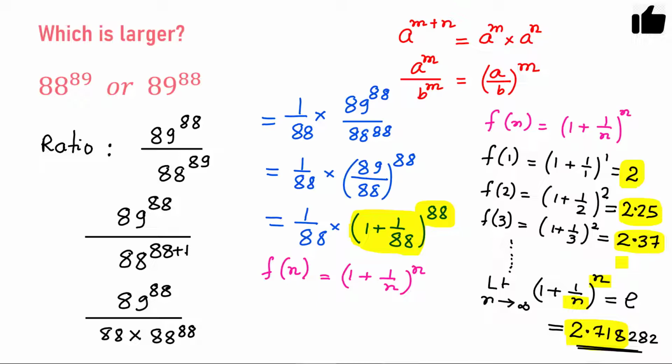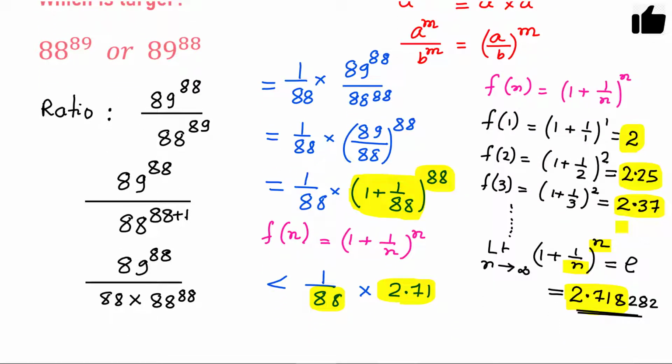So what is the value of our ratio? Now I can say this ratio will be 1 by 88 times this value, whose maximum is 2.71. This means in fact this will be less than this value. And of course this total value is less than 1. So my ratio is less than 1.